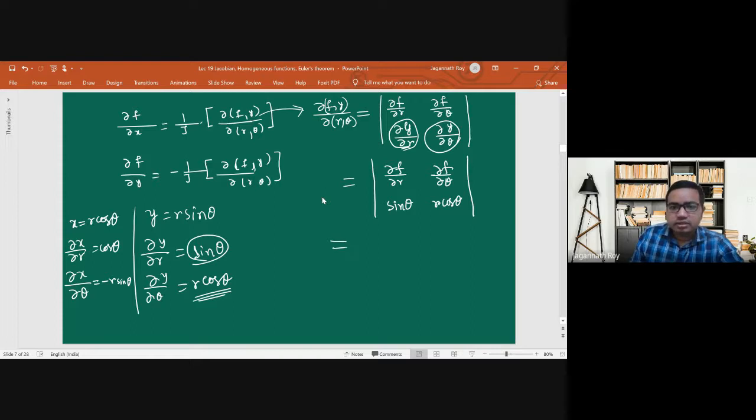Okay, let us evaluate this value. Then what will happen? r cos theta into del f del r minus sin theta del f del theta.